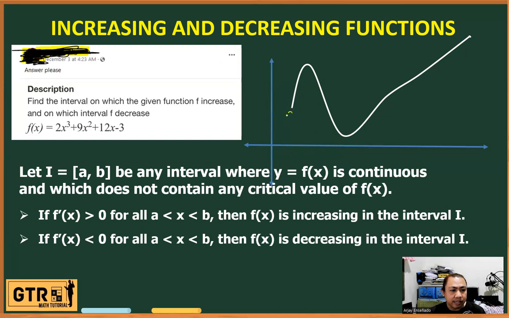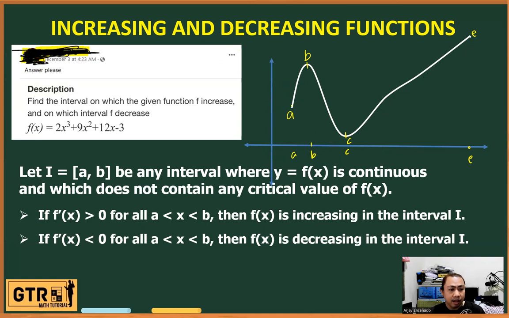So for example, this is A and this point is B. Then this is C, and here, across from C, B, and then we have A, and then this point is E. So if the graph is given, we can easily see where the function is increasing or decreasing.